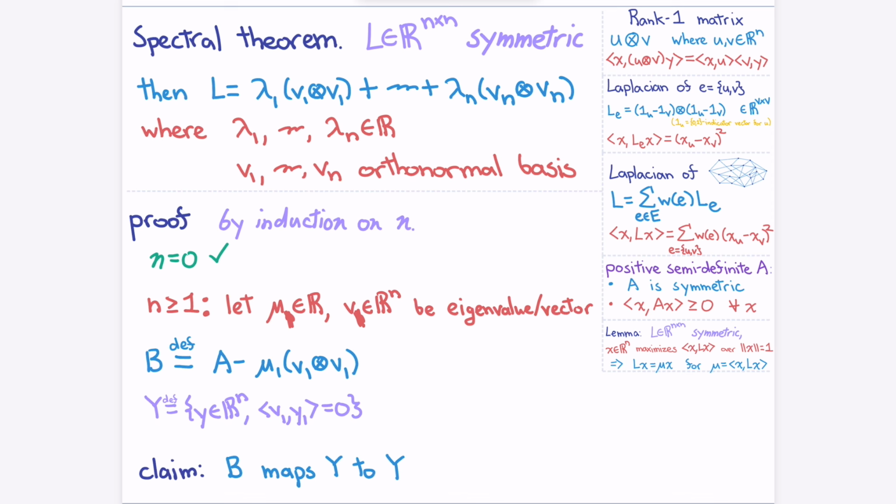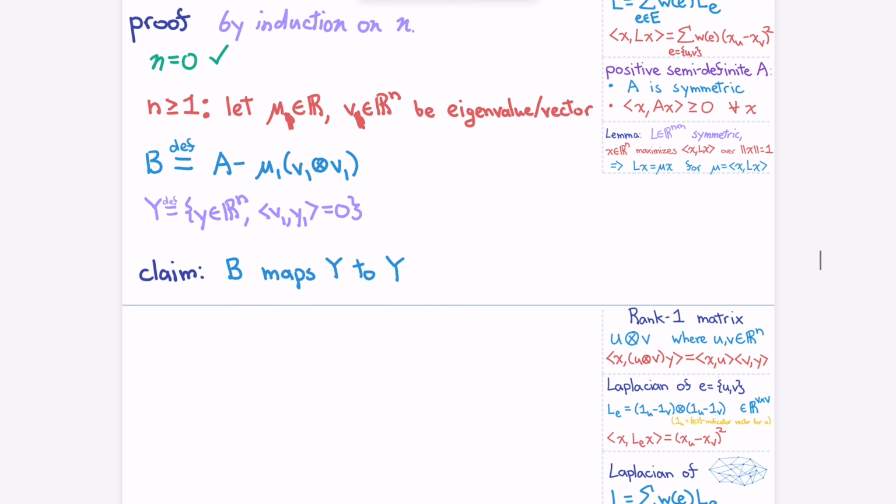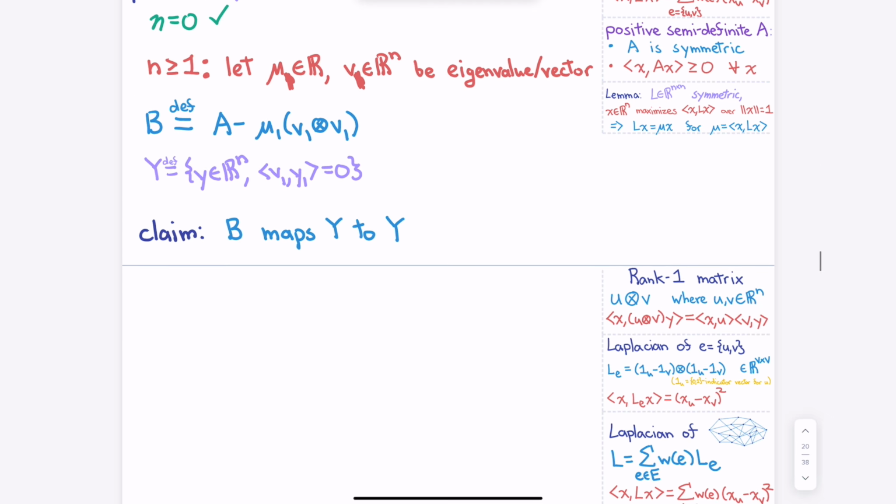Okay. All right, so I think there's not too much magic here. We just got to do it. All right, who wants to try this? I guess we can start with, let y be in Y. That means that v1 transpose y is equal to 0.